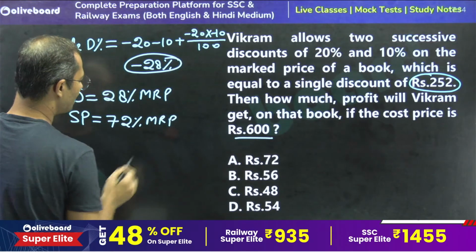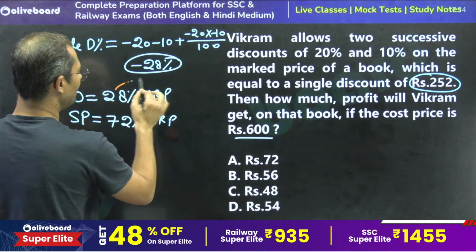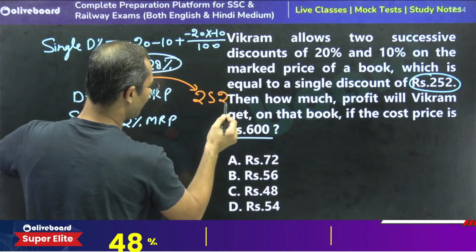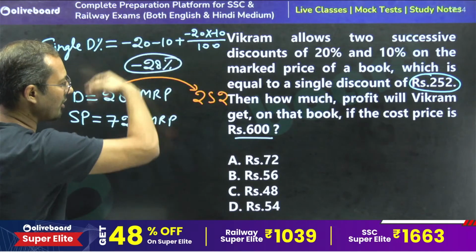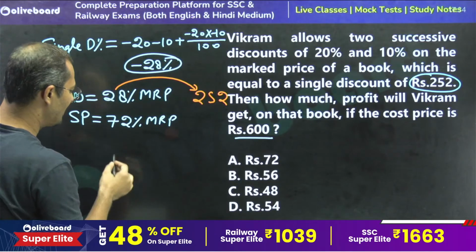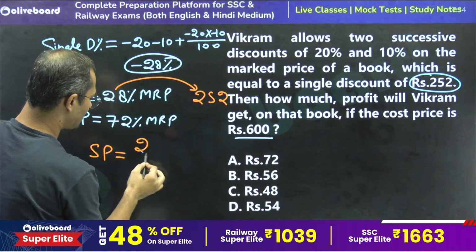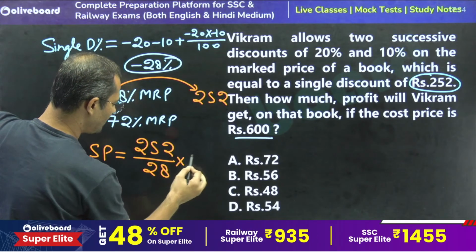Is this clear? So we can say that for the value of 28% we have 252. Here we can use the unitary approach. Directly we can say that selling price is equal to 252 divided by 28 into 72.